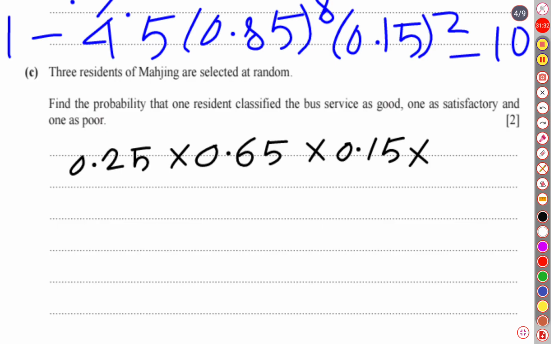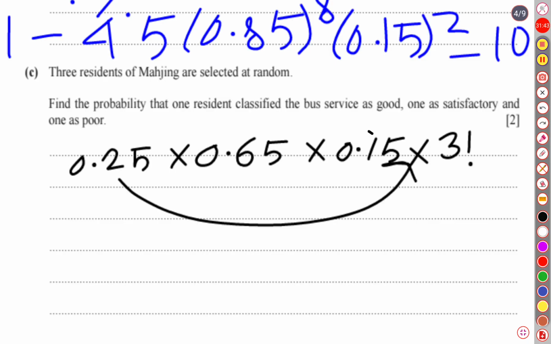How can we do it? It is 3 factorial ways, because the first one may go to the third place, and the third one may come to the second place, or the first one may go to the second place. So there are different arrangements, and for the arrangements we just use 3 factorial. So 3 factorial means actually 6. Let us multiply by 6.